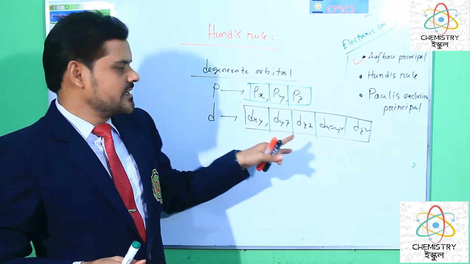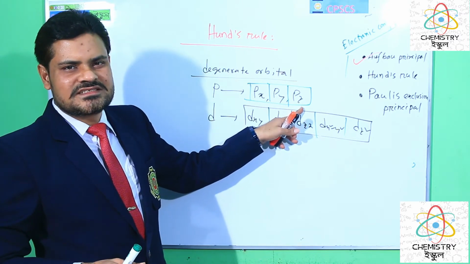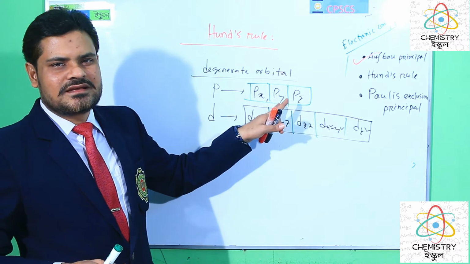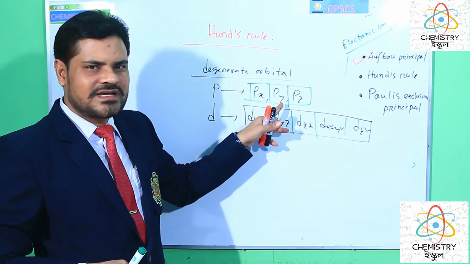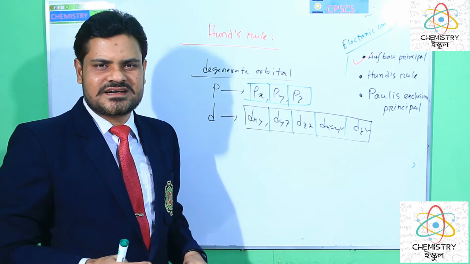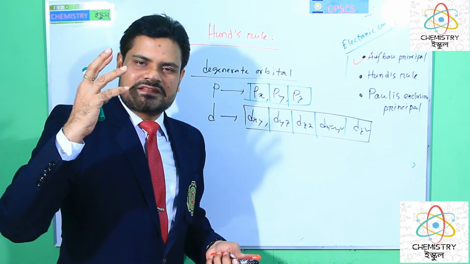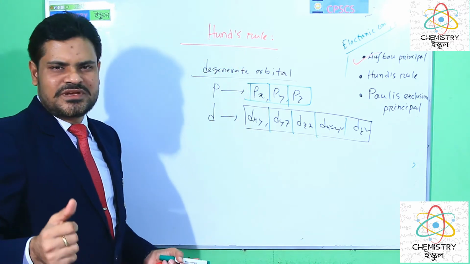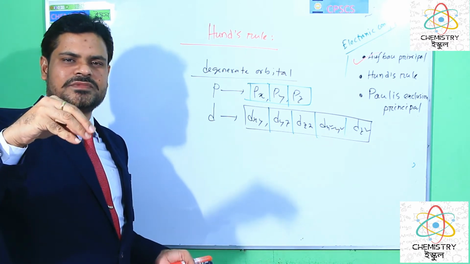These orbitals px, py, pz have the same energies, and these are the degenerate orbitals. And when the energies differ from px to py, then it will be non-degenerate. But in this state, this is the degenerate state. This is the main concept regarding Hund's rule. I mean, electrons enter degenerate orbitals with maximum unpaired state.